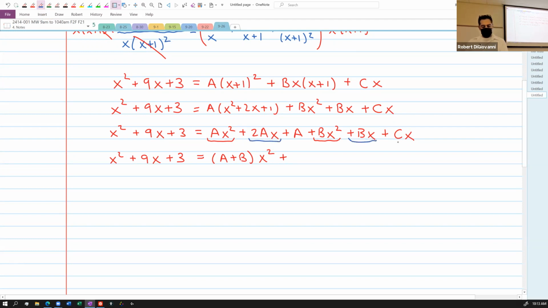Well, there's 3 things with x. So I'd have 2Ax plus Bx plus Cx. So I'm going to put 2A plus B plus C with an x factored out of those. And then the only thing I have by itself is just an A.